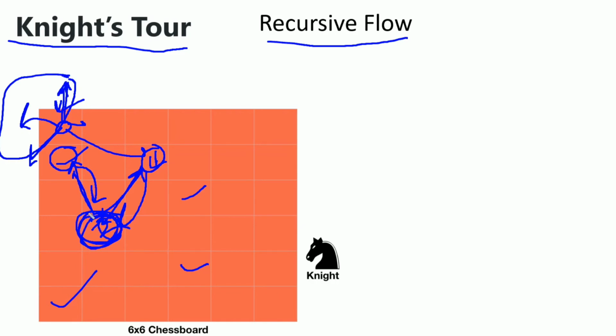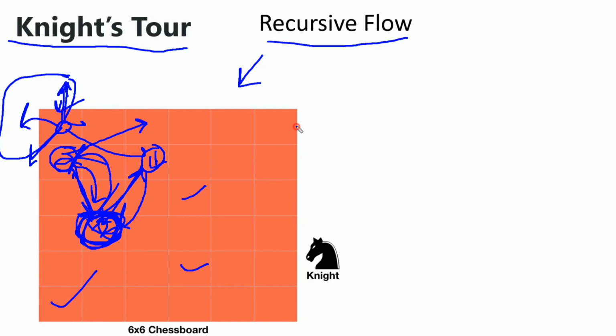Suppose the knight came to this square from this square, so it will backtrack to the caller of this position. And again from this, it will start searching for the next safe choice, the next safe movement. So this is recursive. By this way, we can solve this knight's tour problem.